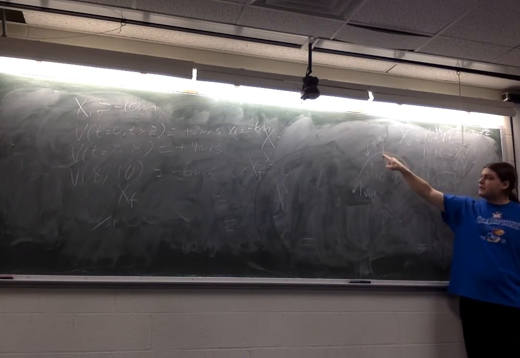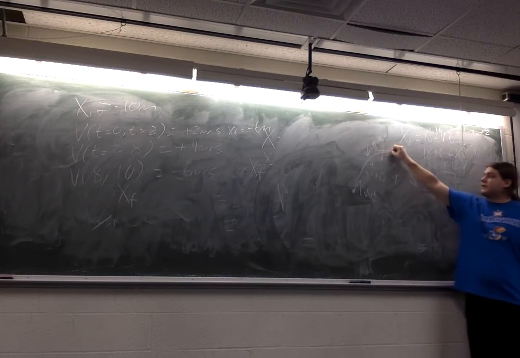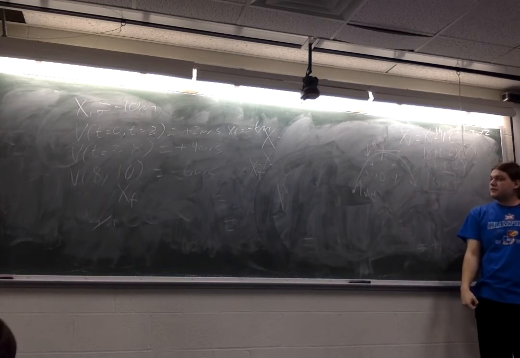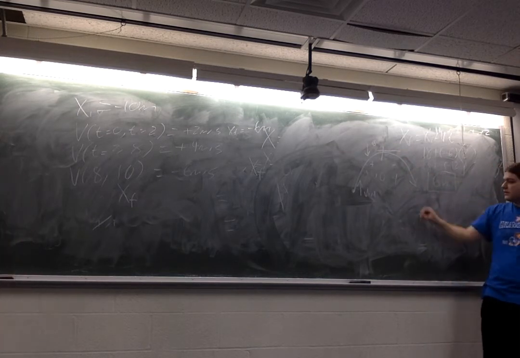So at that point, if you want to think about it in calculus, the derivative or the slope is 0. The velocity at the half of the path equals 0.